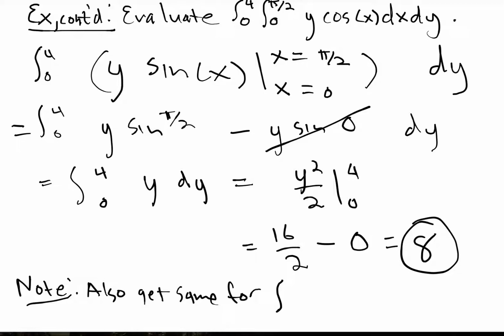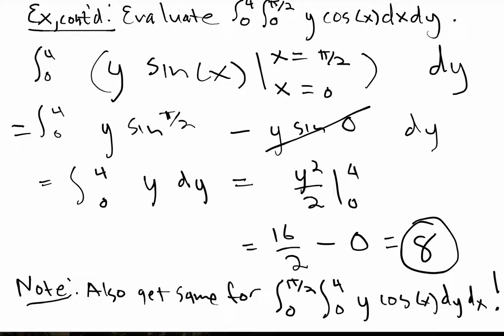Okay, we currently have this set up for dx dy. If I wanted to do dy dx instead, we have to match my bounds with my variables here. So if I wanted to reverse the order of integration, let's say I just preferred to get the y out of the way first, we're going to get the same exact thing, right?